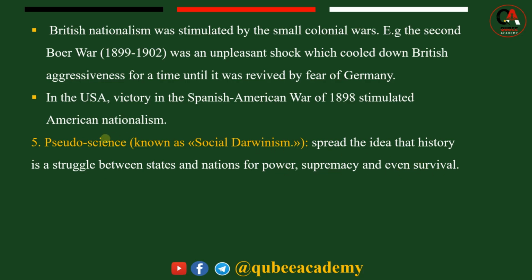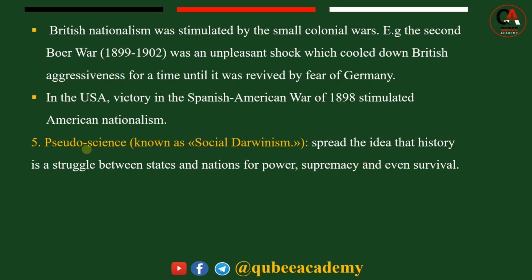What does this pseudoscience, social Darwinism, say? History is a struggle between states and peoples, between the peoples of Europe or other countries. Why? This struggle is based on power, supremacy and survival. Therefore this also stimulated nationalism in the 19th century.